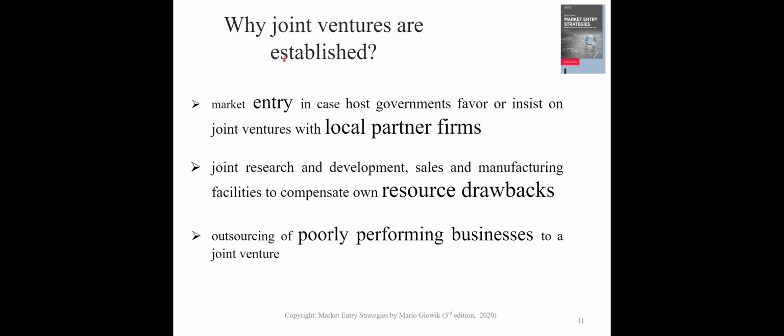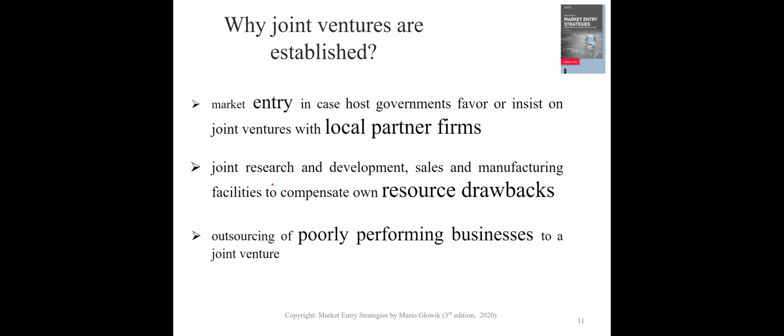Why are joint ventures established? So first of all, market entry, in case host governments favor or insist on joint ventures with local partner firms. That means sometimes there's no other way than establishing a joint venture in order to arrange a foreign market entry in a particular target country.